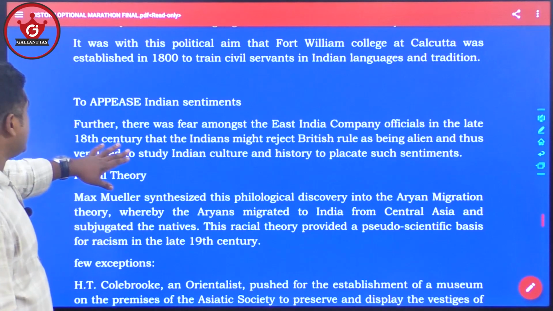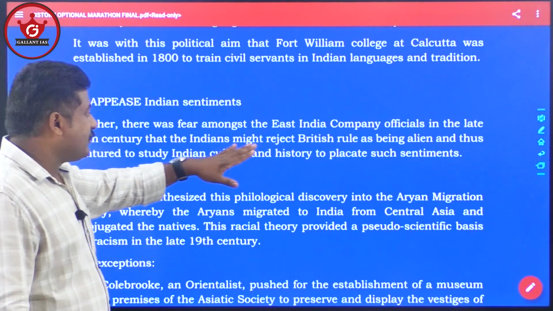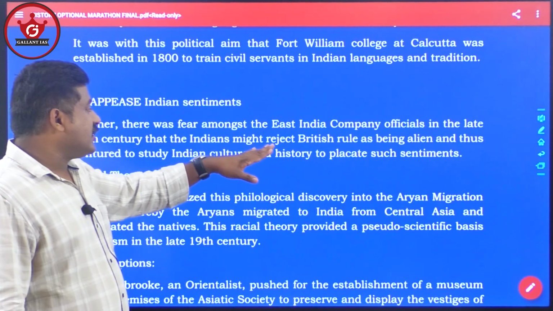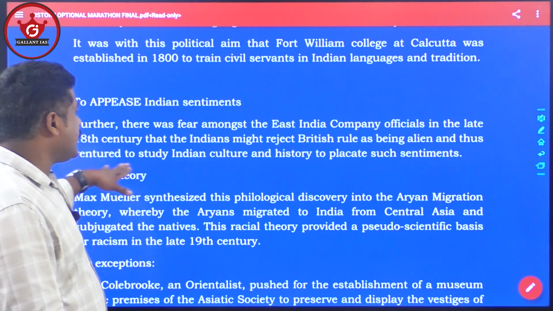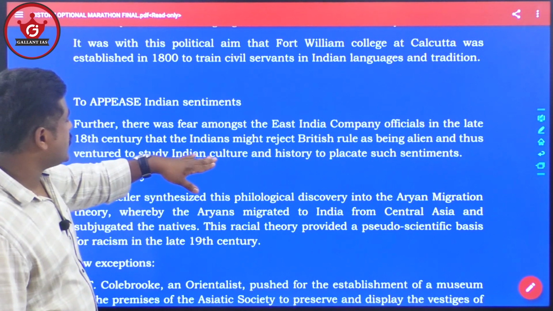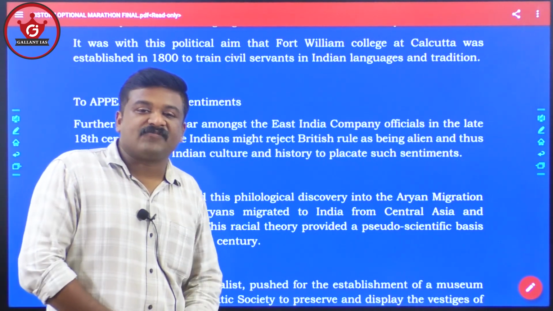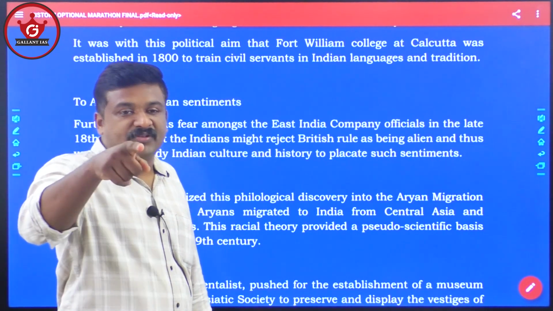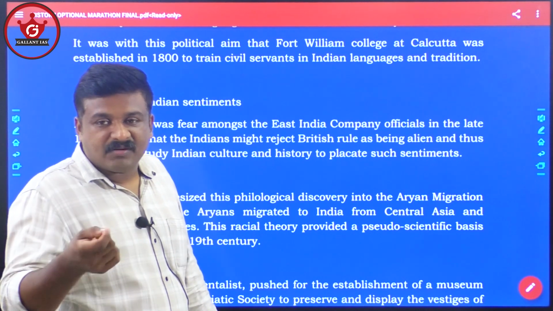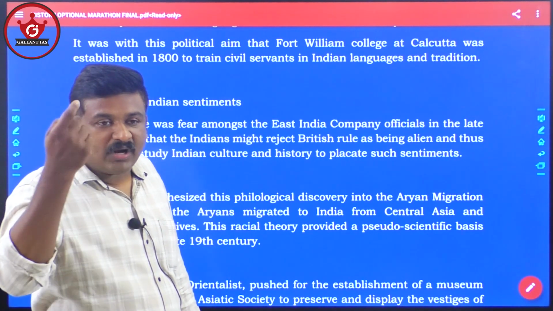It was to appease Indian sentiments. There was fear among East India Company officials in the late eighteenth century that Indians might reject British rule as alien, so they ventured to study Indian culture and history to placate their sentiments. So there was a feeling: if we do not mingle with them, what will happen? These Indians will throw us out.